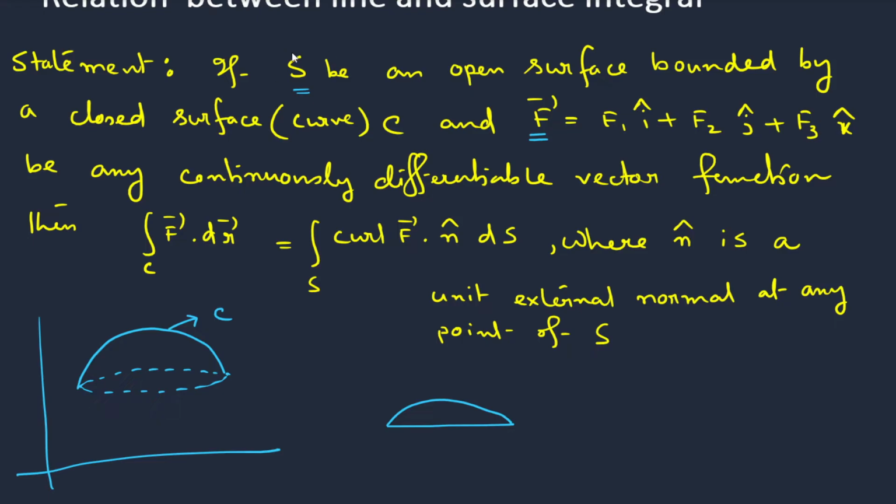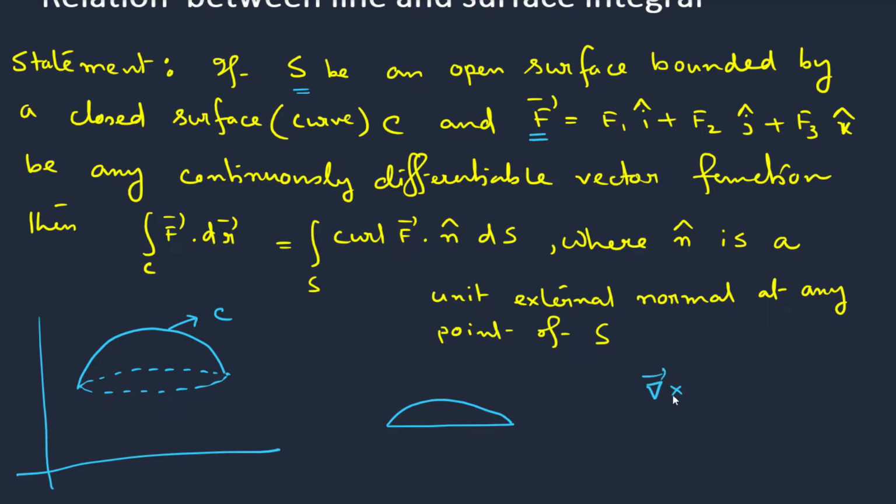This is S. So on this particular surface and in this closed curve C, if we have a vector function which is continuously differentiable, then the integration of f bar dot dr bar, so this part we already got in Green's theorem, is equal to the double integration over S of curl f bar. So curl means what?